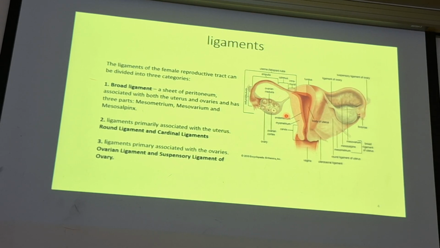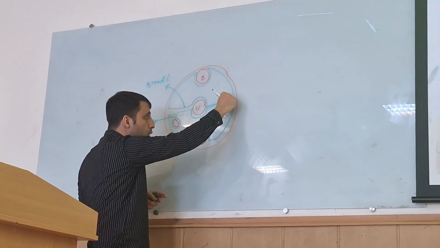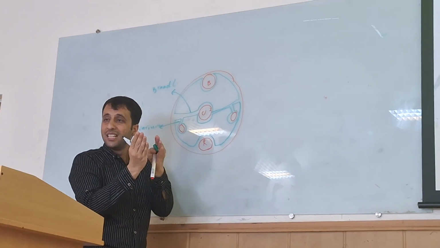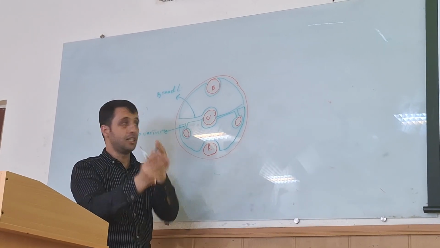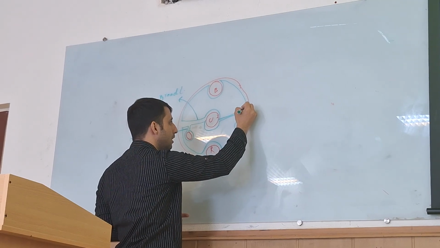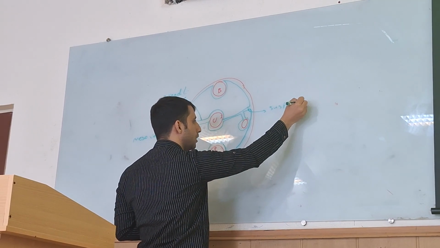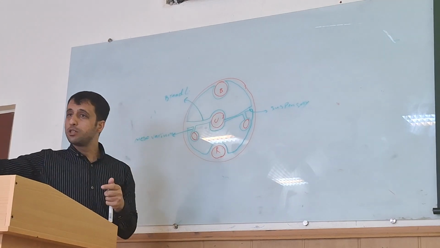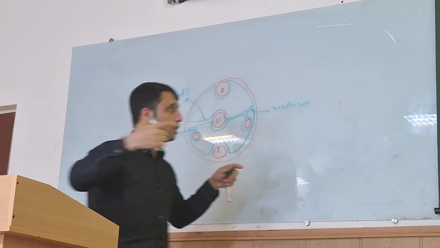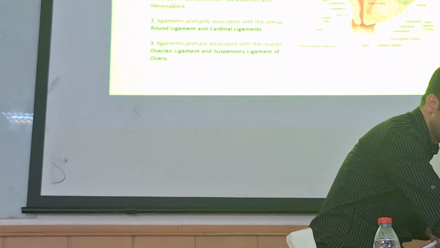Look here. On the upper side of the ovary, these two layers of peritoneum travel superiorly and make another ligament in this area, which is named the suspensory ligament. What is the function? I go to another slide.